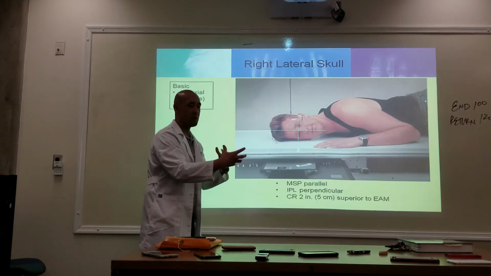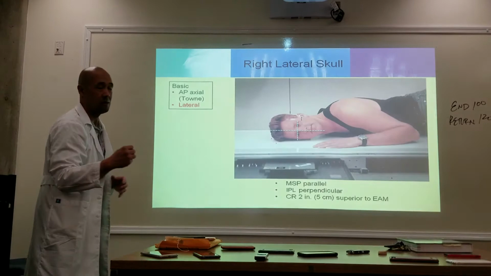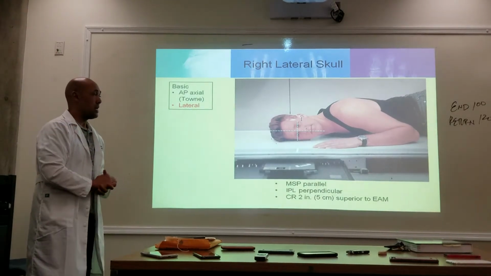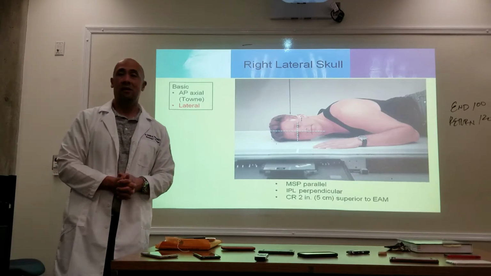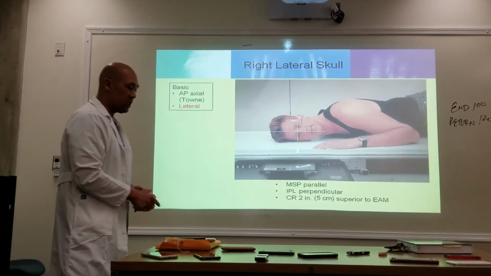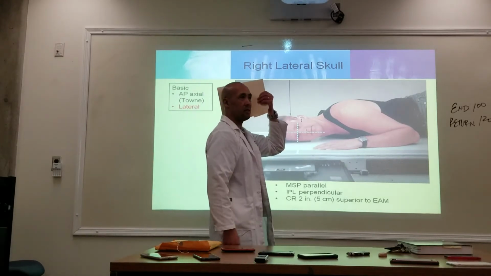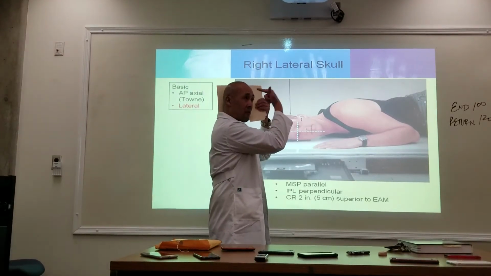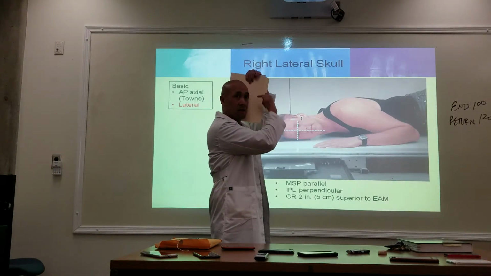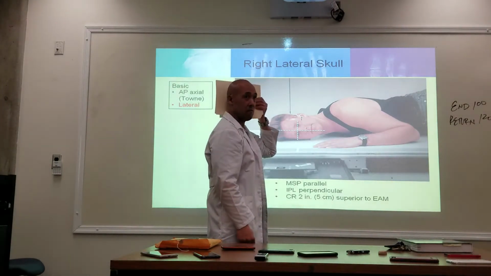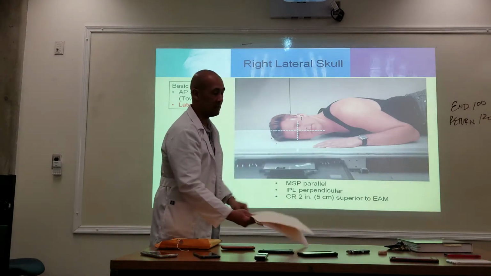So first of all, we're going to use a small image receptor. You're going to open it up to the size of 10 by 12, and we usually do it landscape. Because your head from front to back is longer, and if you do it portrait, you might cut something off. So you do it landscape. 10 by 12 landscape.